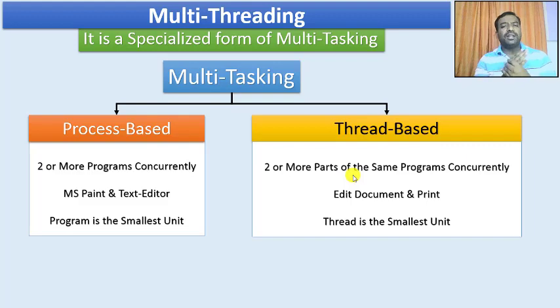Now when I say multi-threading, it is similar to multitasking, but multitasking and multi-threading are two totally different concepts. We can say multi-threading is a specialized and advanced form of multitasking. It doesn't mean that we are replacing the multitasking mechanism with the multi-threading mechanism.